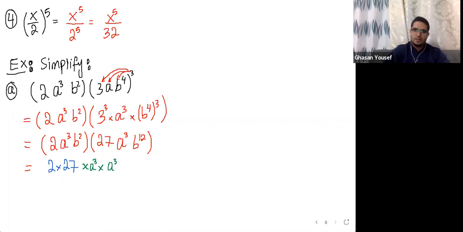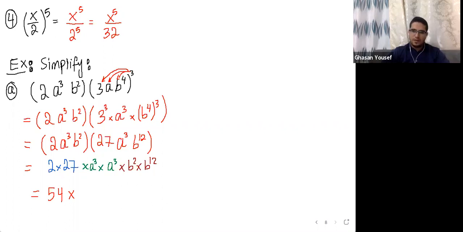And the last one is b, so times b to the power 2 times b to the power 12. And the final answer is, 2 times 27 is 54, exactly. 54 times a to the power 3 times a to the power 3.